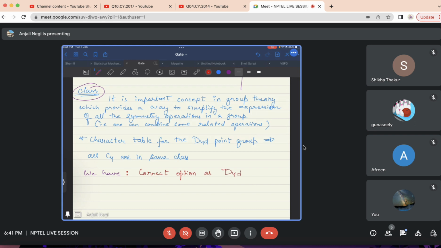Yes, a confusion can be created between D4d and D4h point groups, because if the class or character table is not understood by you, then it can create a little confusion between the two. So wait a minute, I will just discuss one more thing.